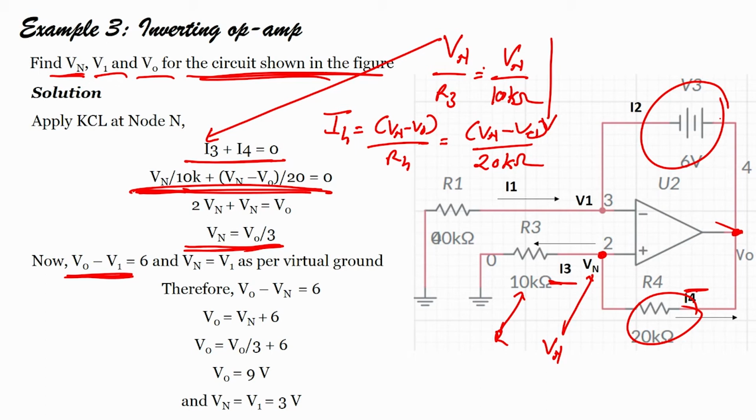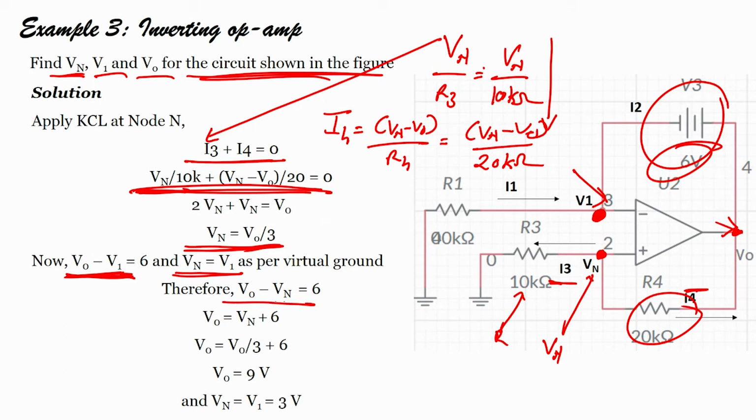So, Vo, this voltage, minus this voltage is nothing but 6 volts. And Vn should be equal to V1 by the concept of virtual ground. So, Vo minus V1 equals 6 and Vn equals V1.